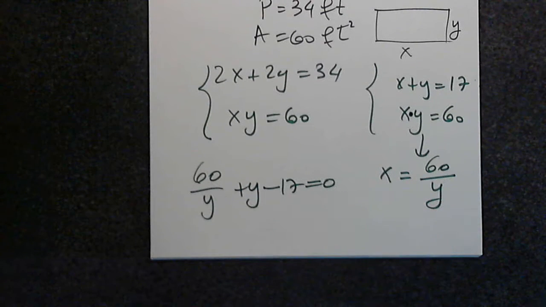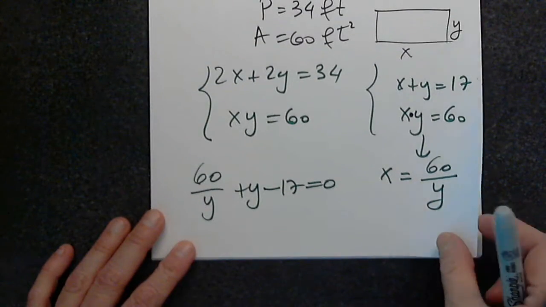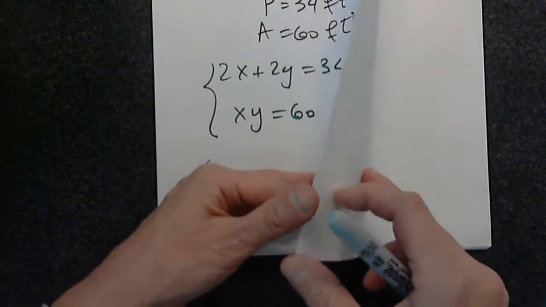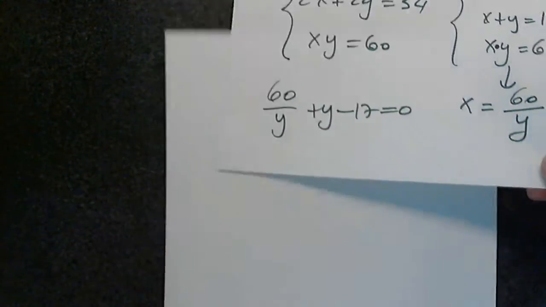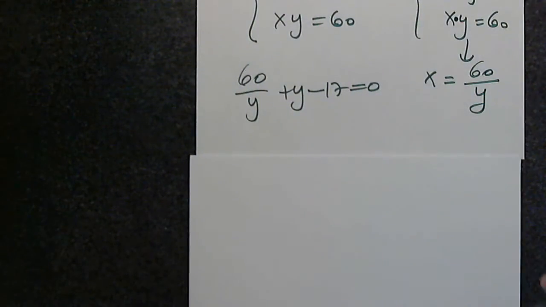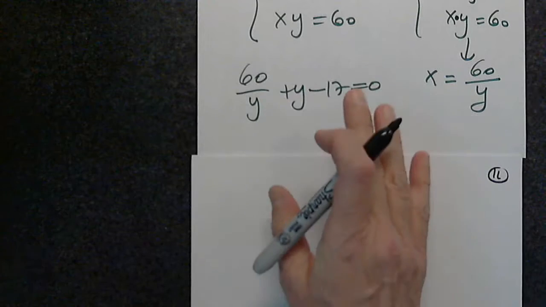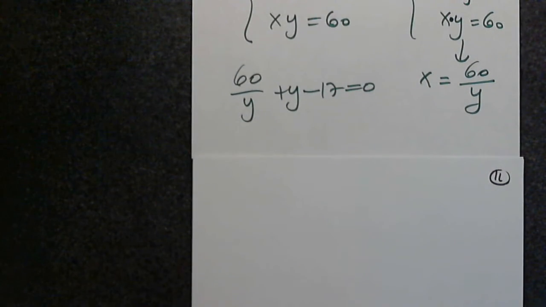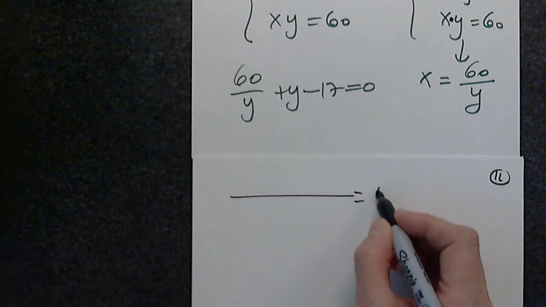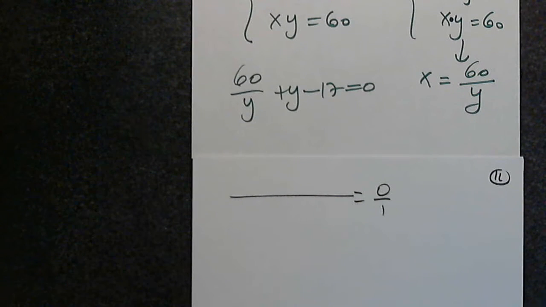What do I do next? Exactly. Because we cannot really multiply by a variable, in this case we can because y is not 0. Remember, you cannot eliminate and multiply both sides by a variable or divide by a variable.